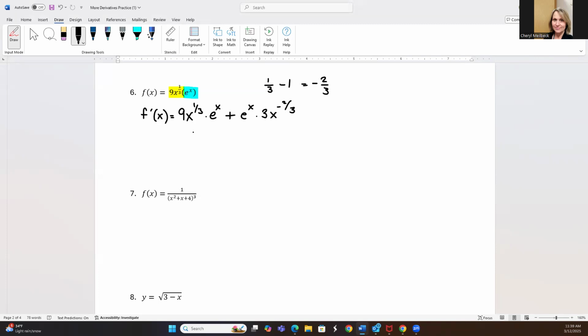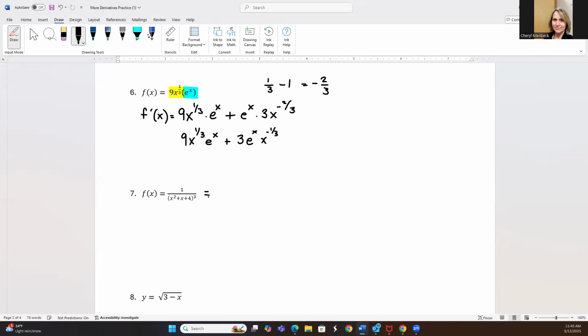I'd probably just write the 3 in front. And if you were trying to solve this setting it equal to 0, you'd have to do more, but we don't have to do that here. Lots of different ways you could simplify it, but we'll leave it like this.